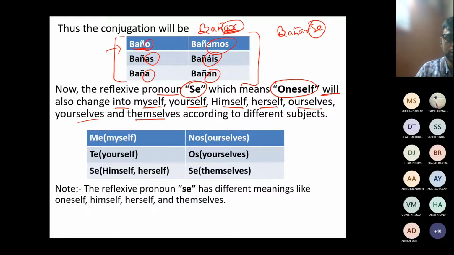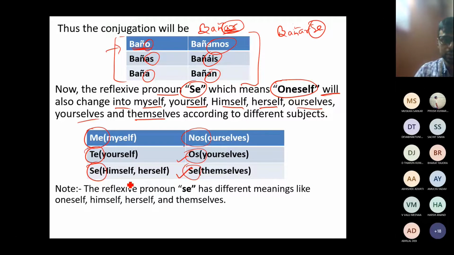I mean to say, you cannot say "I bathe oneself" or "I bathe himself". No. Basically, you have to say "I bathe myself". So for that reason, you have six different forms of the reflexive pronouns: me, te, se, nos, os, and se.